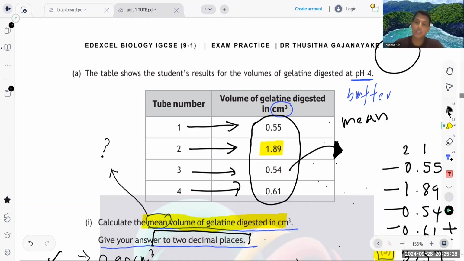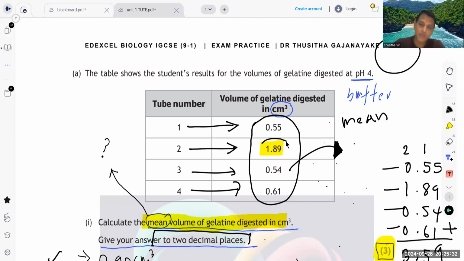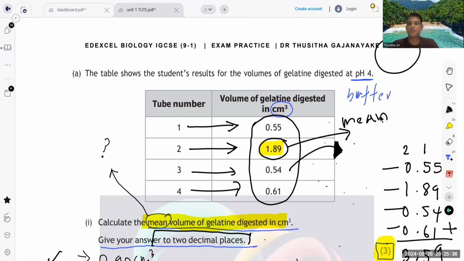Now, can anyone, if you know this, give a name for this value? If we have a group of values, and you look at this value, it doesn't fit the pattern.